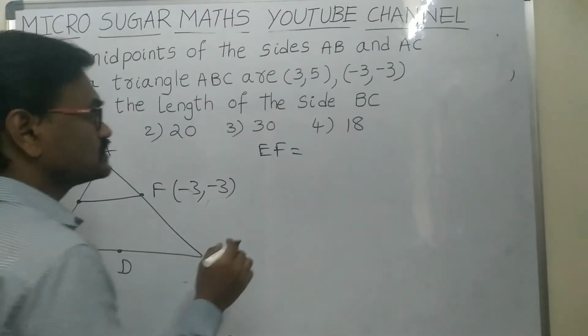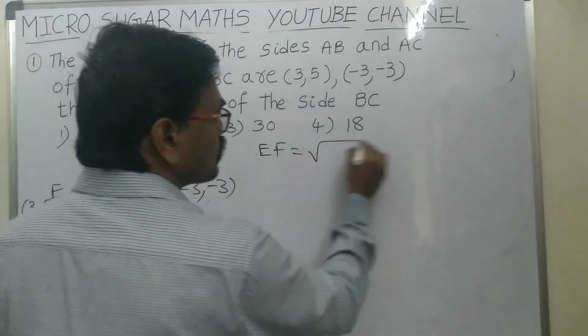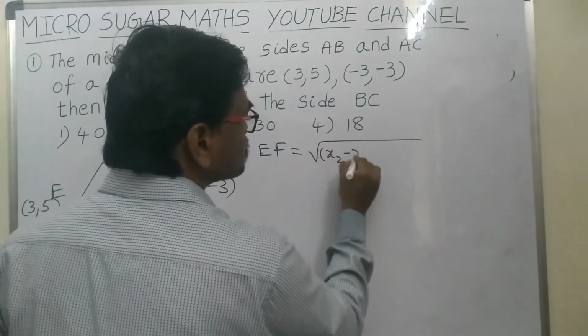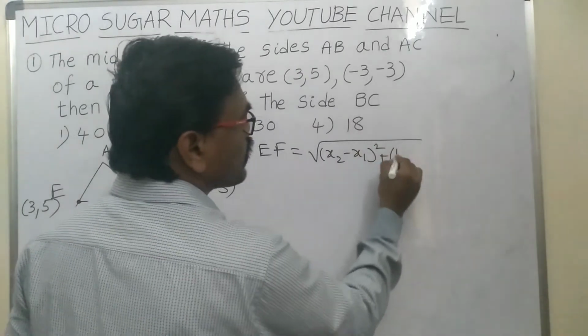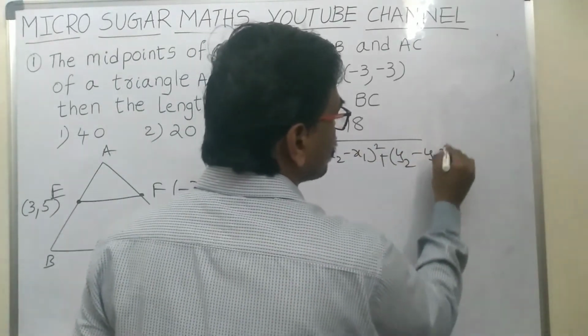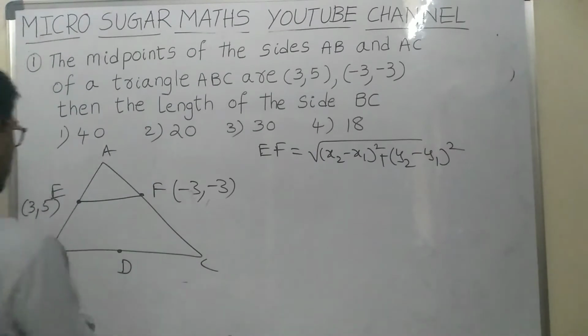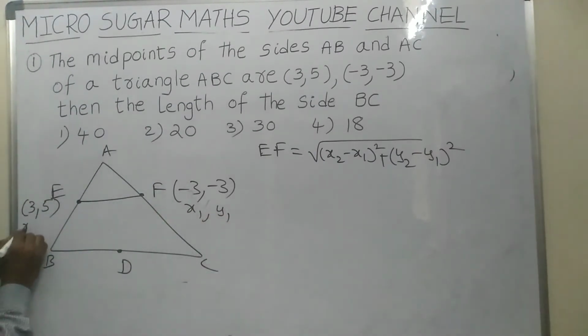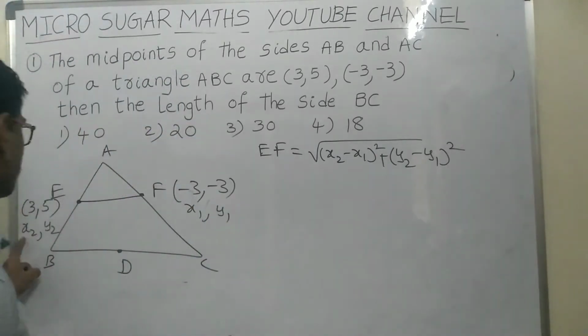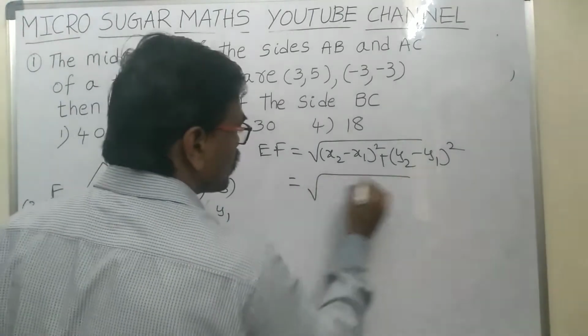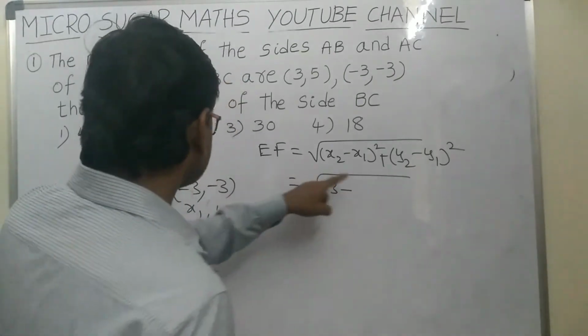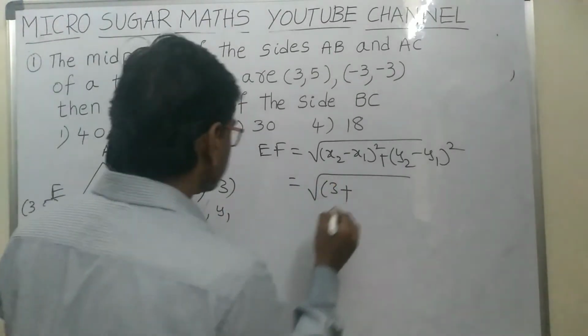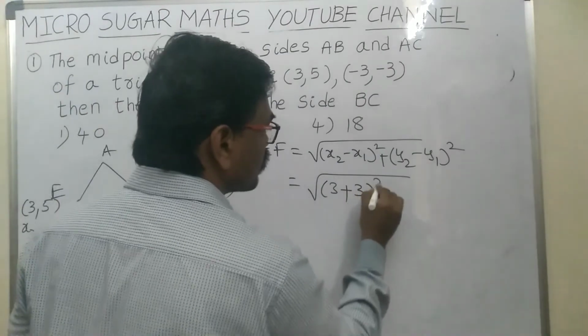What is the distance between 2 points? Square root of (x2 minus x1) whole square plus (y2 minus y1) whole square. Students, let (x1, y1) be F and (x2, y2) be E. Therefore, x2 value is 3, and x1 value is -3, so (3 minus of minus 3) whole square, that is (3 plus 3) whole square.